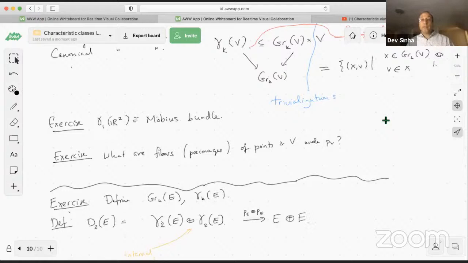And the claim is that generically, this is going to be a one-to-one map, because if I have a 2-dimensional subspace of E and 2 points on it, and I remember those 2 points, then usually taking their span will tell me that 2-dimensional subspace, but not always, in particular when there's 0. And that's where the D2 hat had trouble. And so, our D2 of E is going to be this space.